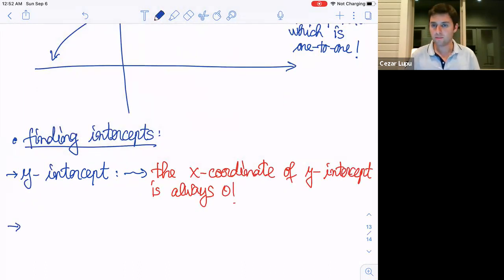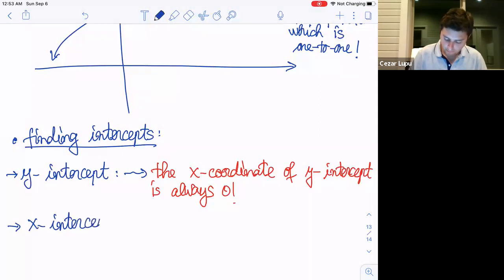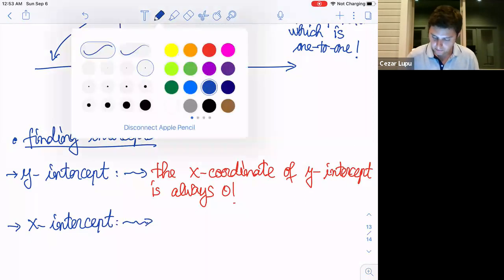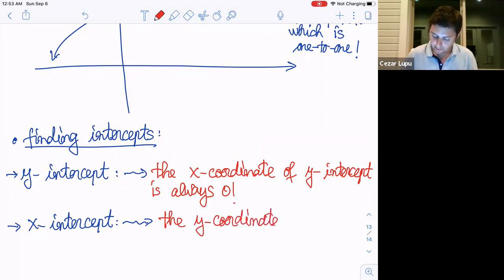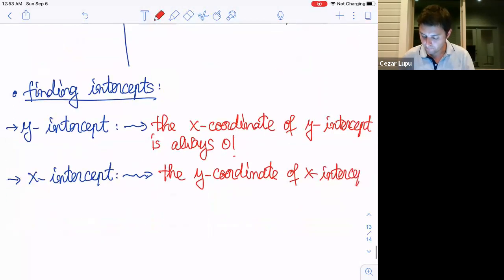As you can imagine, a similar thing will happen to the x-intercept. These are points where the graph intersects the x-axis, and the y-coordinate of the x-intercept is always 0. It's the same thing, we just replace the x with the y. So the y-coordinate of the x-intercept is always 0.